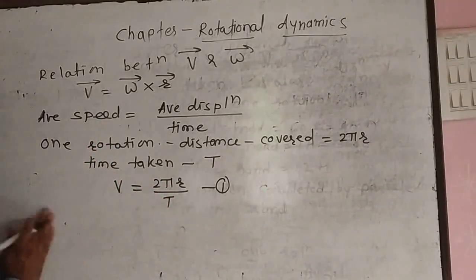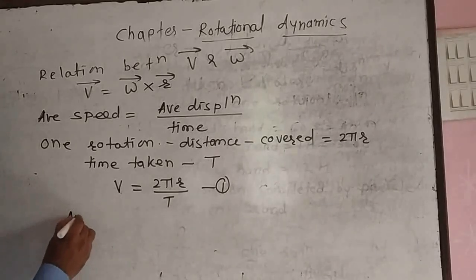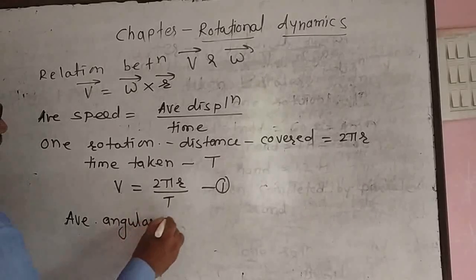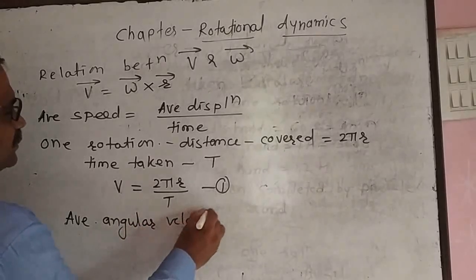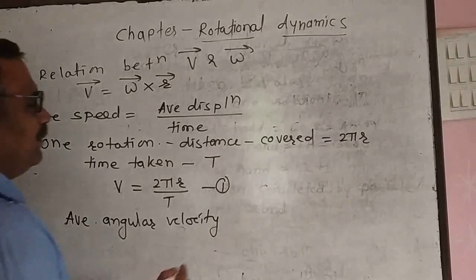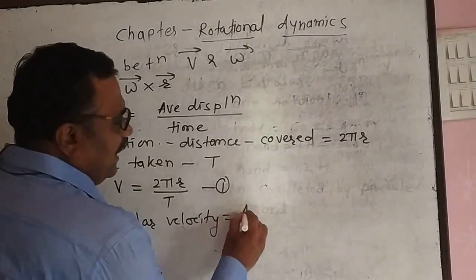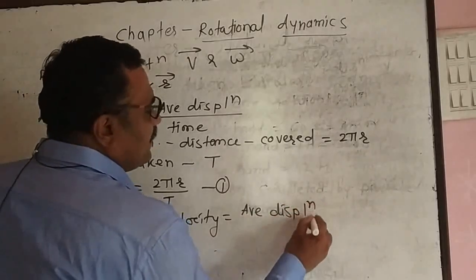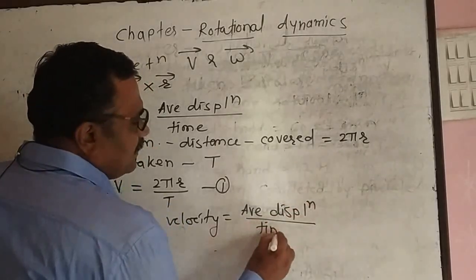Similarly, we can calculate average angular speed or average angular velocity. We know the formula: it is equal to average angular displacement upon time taken.